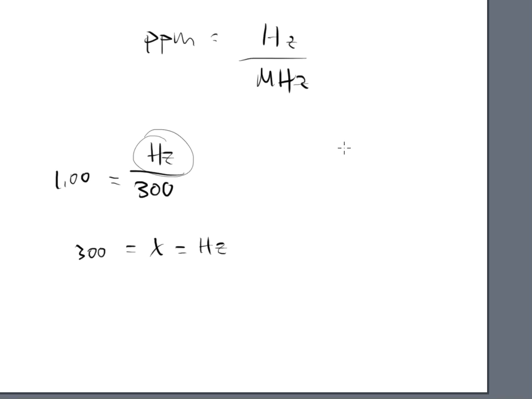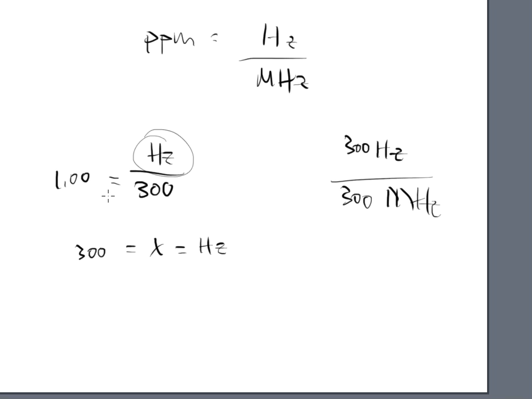So what that means is that at 300 hertz, we would see the signal, and that would be in a 300 megahertz operating frequency. If you take the 300 divided by 300, you will end up with a 1, a 1 part per million, and that's what that problem said.